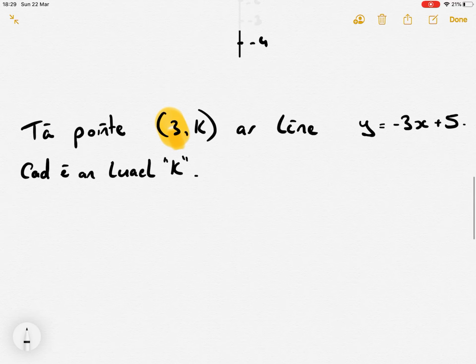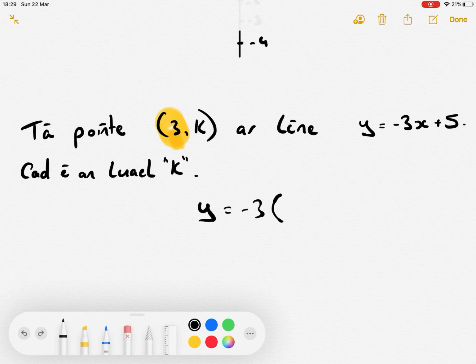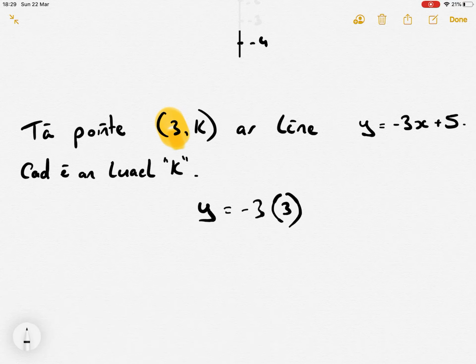So I'm going to do exactly like I did above. I'm going to plug in the value I know for x. So it's going to be y is equal to minus 3 times plus 3, plus 5. So I just put in my 3 there because I knew the x bit. And I just solve for y now. So y is equal to minus 3 times 3, which is minus 9, plus 5.